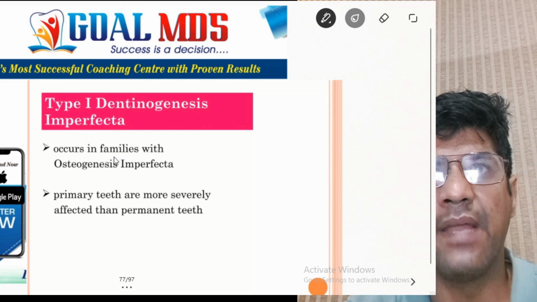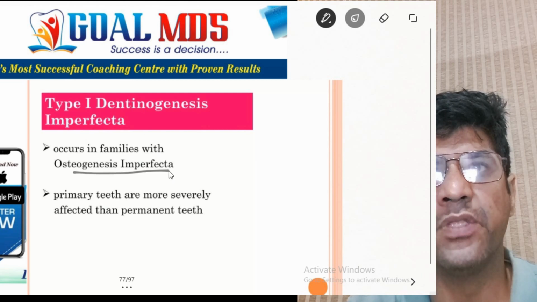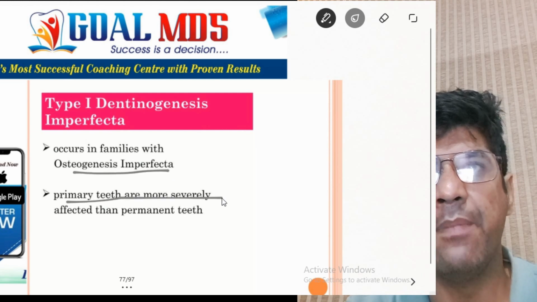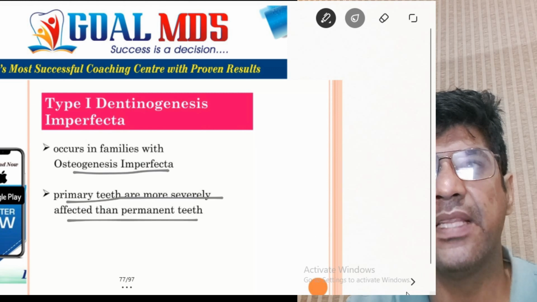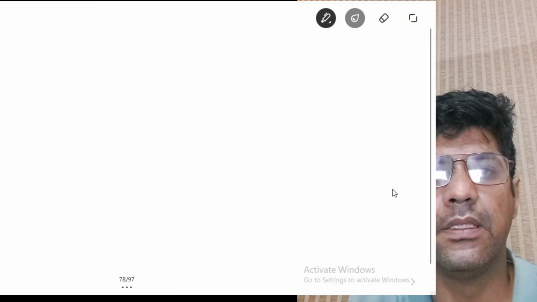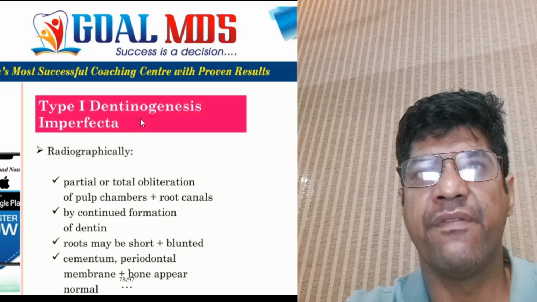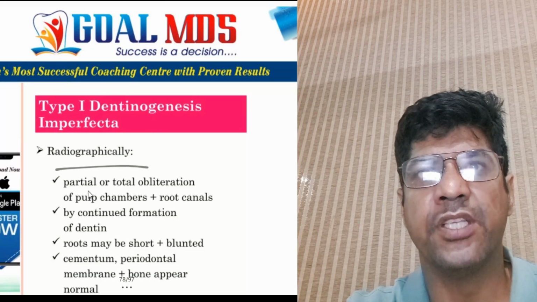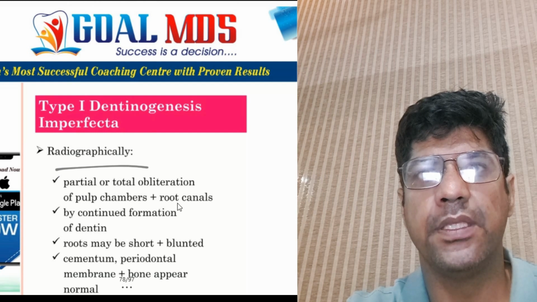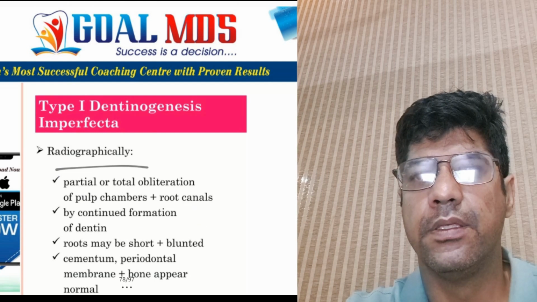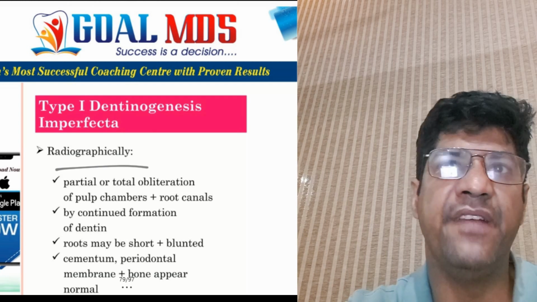Type 1 occurs in families with osteogenesis imperfecta. The primary teeth are more severely affected than the permanent teeth. Radiographically, you would see obliteration of pulp chambers and root canals. That is the key feature.